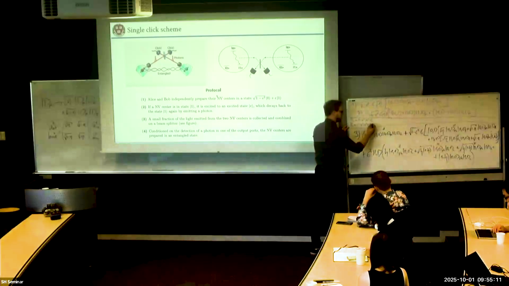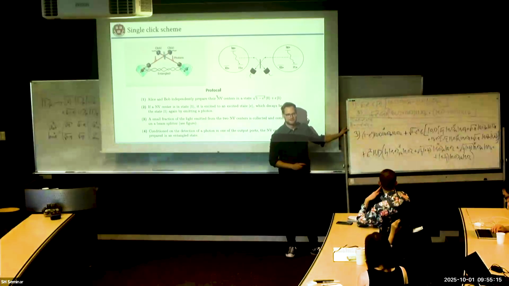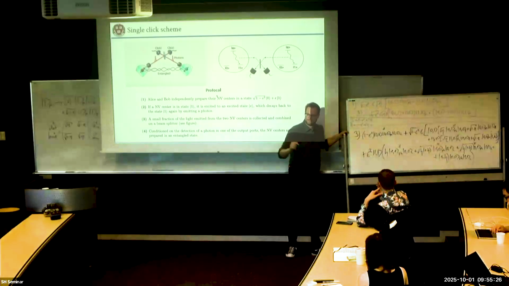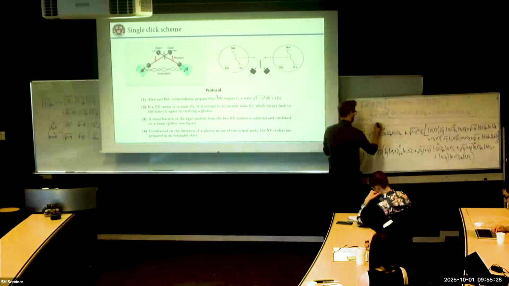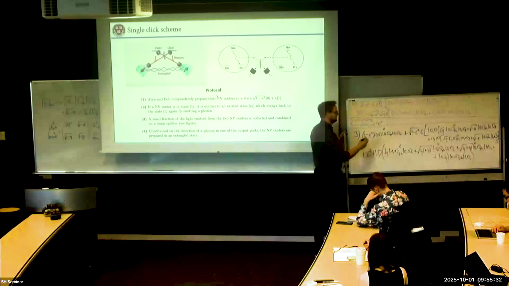Now I want to add to the total success probability. This was the good term. What's the probability that I get bad clicks, so to speak, clicks that don't lead to entanglement? Epsilon to the fourth, epsilon squared, right?